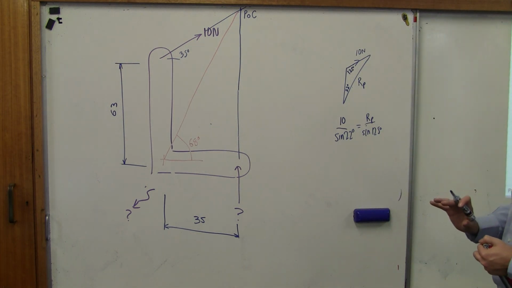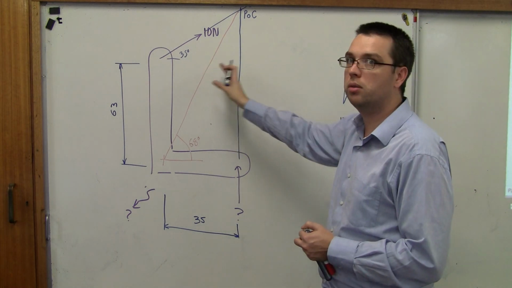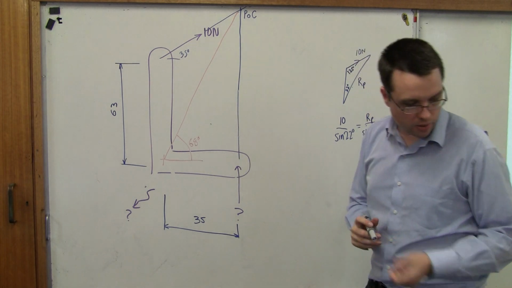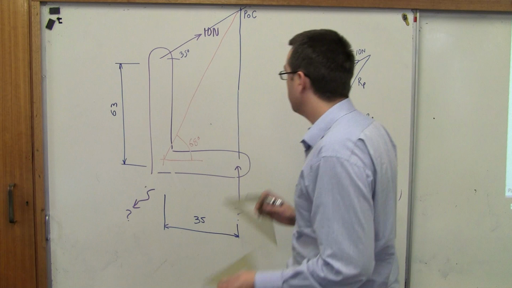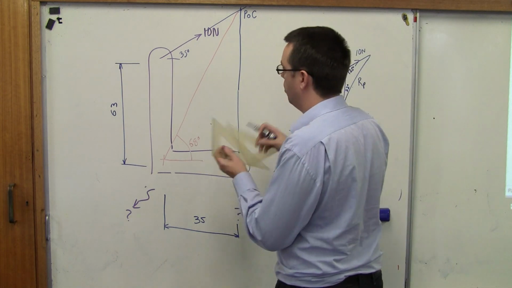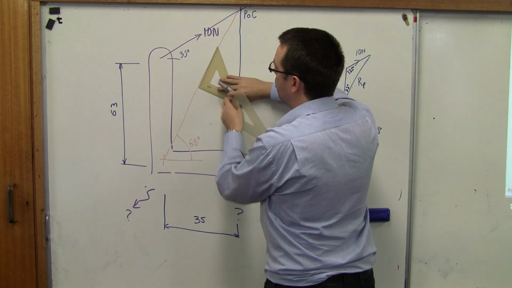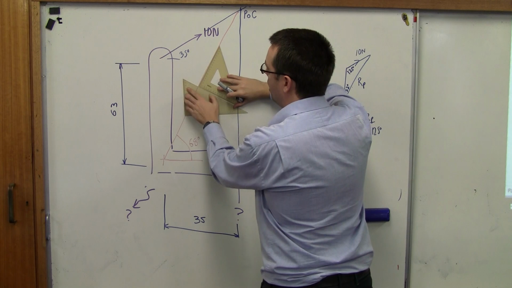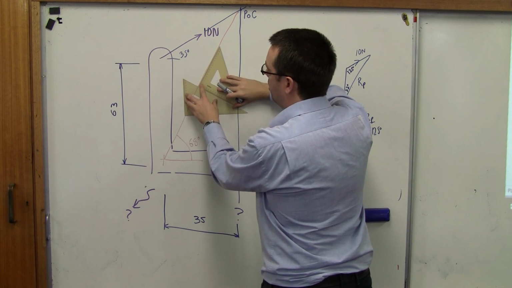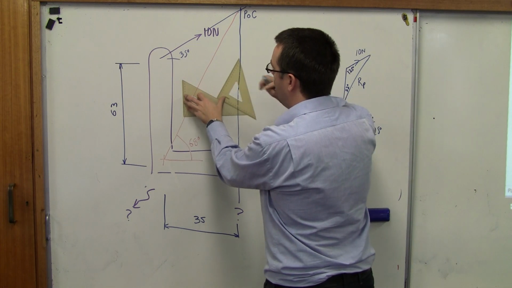Now, an alternative is that I can actually reproduce this force diagram by just drawing parallel lines. How you draw parallel lines, this is where I start to lose students. But something we used to do a lot more when I did the HSC is that we would set up one set square along the line. I call this the heel, and then I slide from there. I will be able to produce a parallel line.